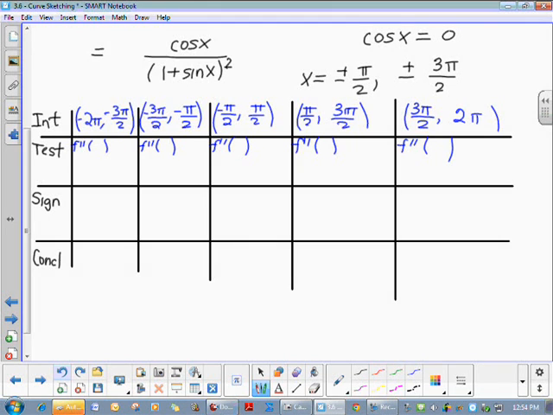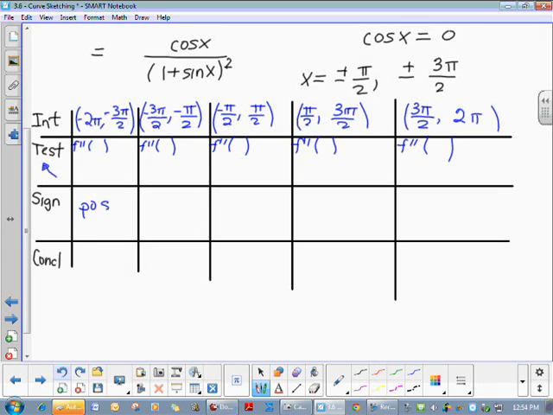And it's going to boil down to some real basic trigonometry. So I'm going to go ahead and reveal these signs, and you can go back and do this test on your own just to make sure that you're very comfortable in doing so. So we're going to find out that on the first interval from negative 2 pi to negative 3 pi over 2, we are going to have a positive sign, as it turns out.